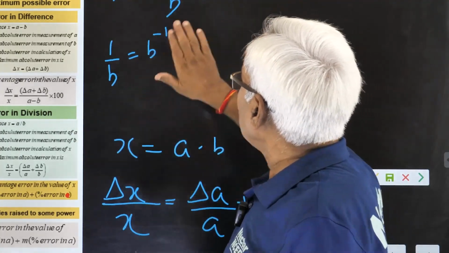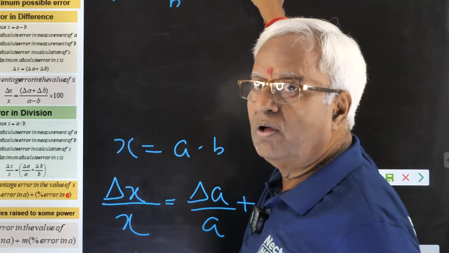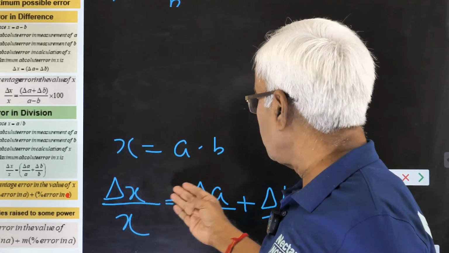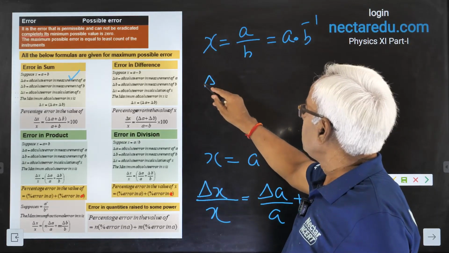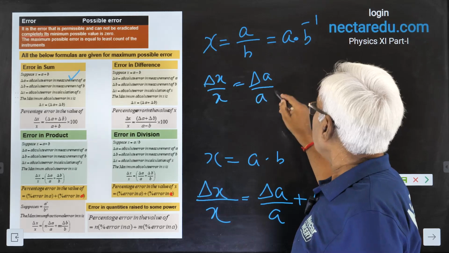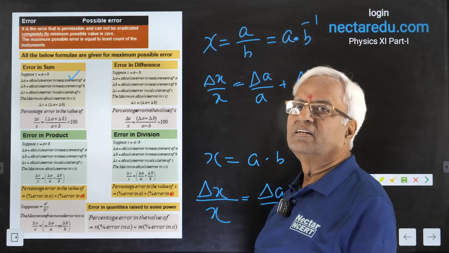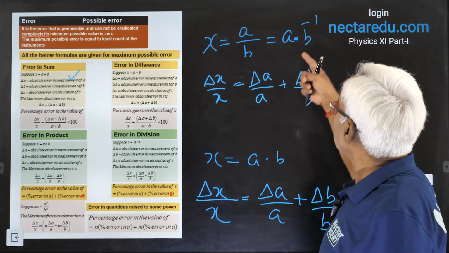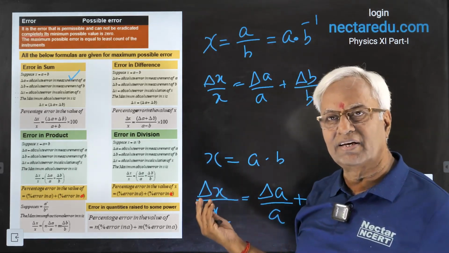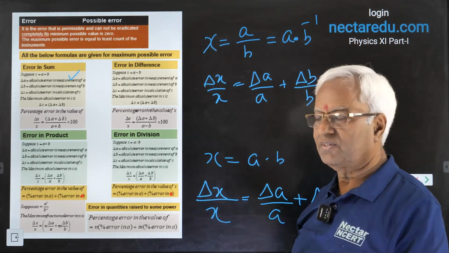Then you deal with this situation simply as an example of product. This will be delta X upon X equal to delta A upon A plus delta B upon B. Once again, the minus sign was not considered. We are dealing with error that is supposed to be always maximum while in discussion.